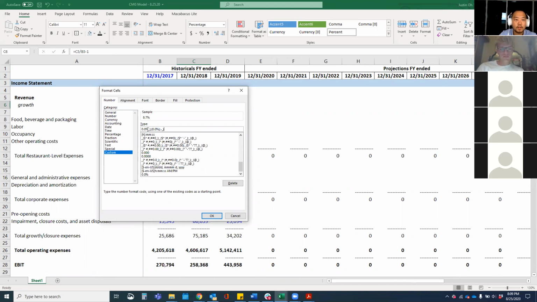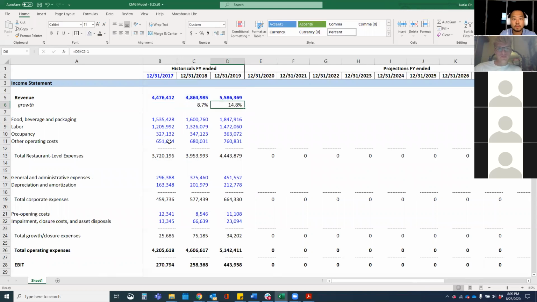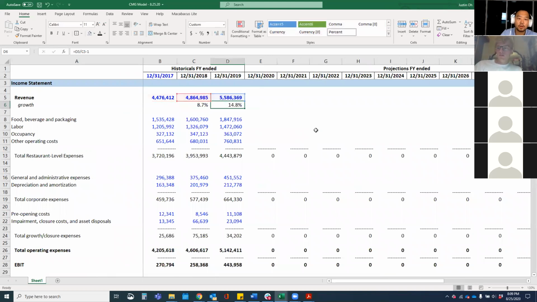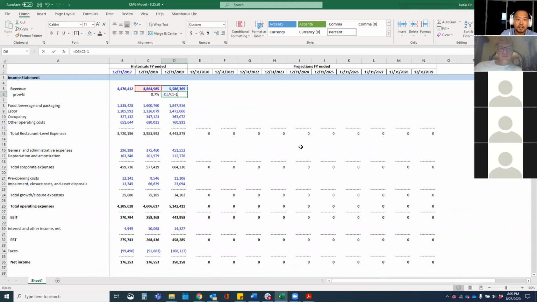The first section before the semicolon is what the format will be for positives, the second after the semicolon is what it will be for negatives, and the third is what it will be when it's 0. I usually like dashes because they're cleaner. So you'll see there's an indent and it's aligned. That's stuff you learn in banking, but some of you might skip banking. Lucky for you. So obviously we're going to start hard coding things.